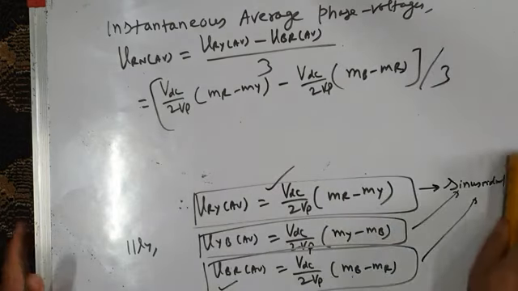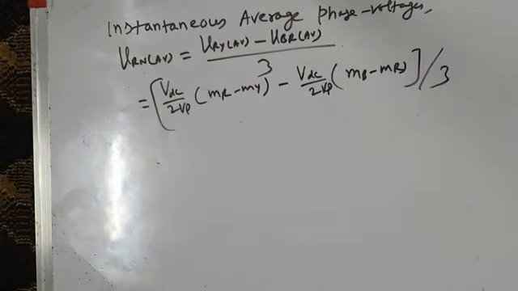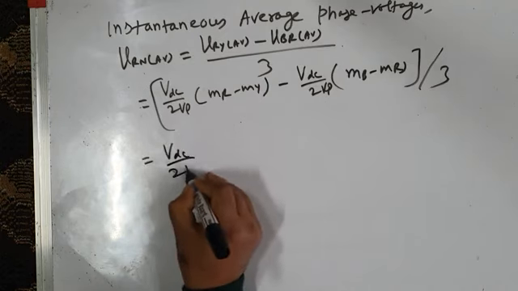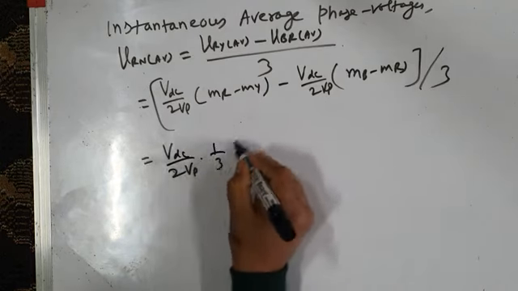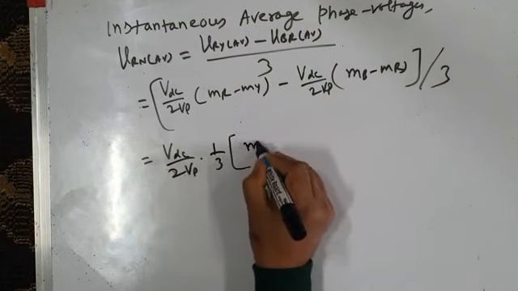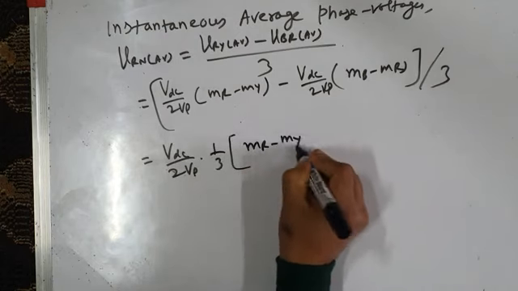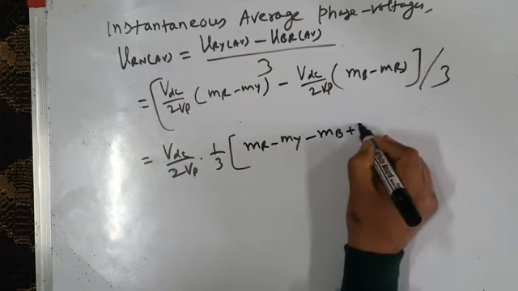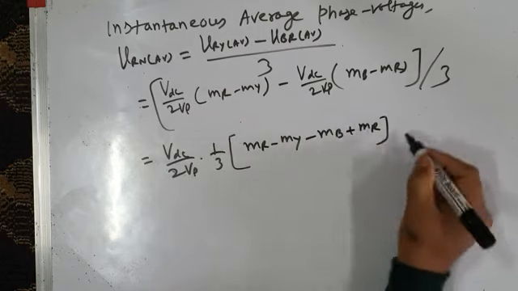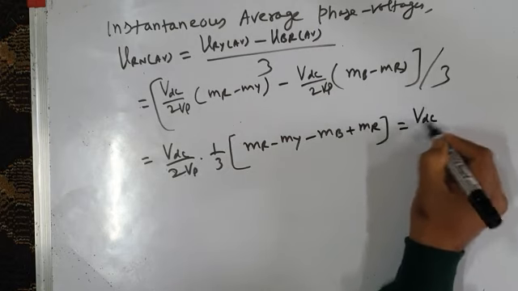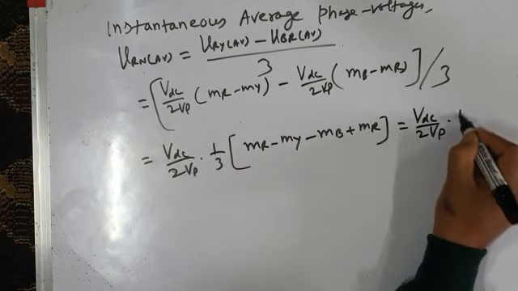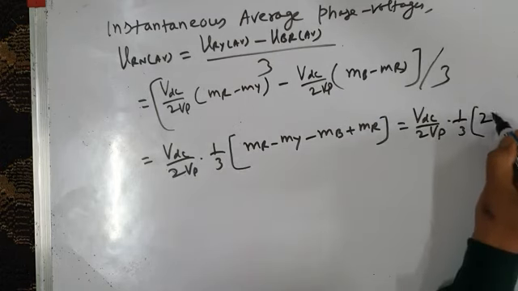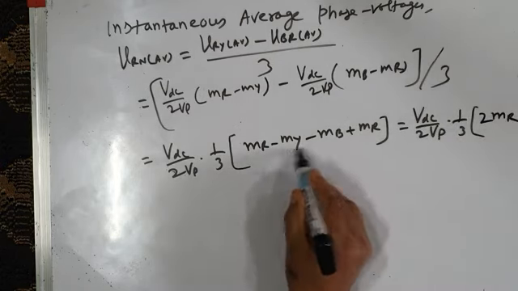Okay. So that will be equal to, let me take VDC by 2Vp and 1 by 3 common. Inside I will get Mr minus My minus Mb, minus into minus is plus Mr. So that will be equal to VDC by 2Vp into 1 by 3 into (Mr plus Mr is 2Mr), and what is minus My minus Mb?